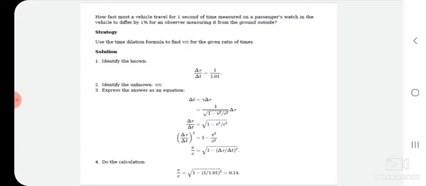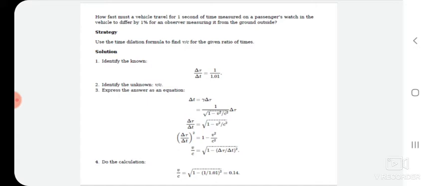Now my aim is to find out v by c. For that we have to write an expression, that is, the change in length or contracted length is equal to gamma times proper length.